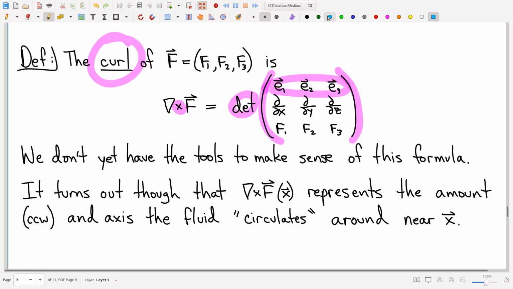But then also, there's the further symbolic nonsense that the del operator, again, treating it as if that's a vector, right? So again, double nonsense.